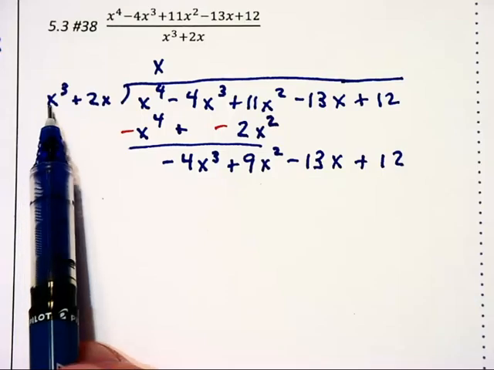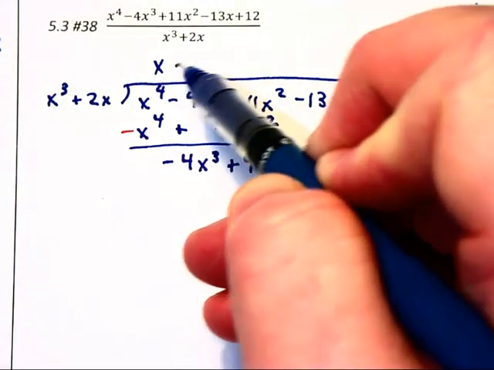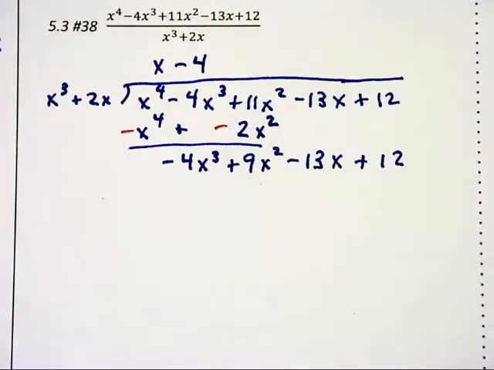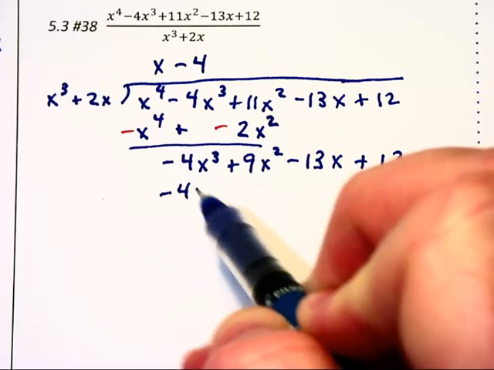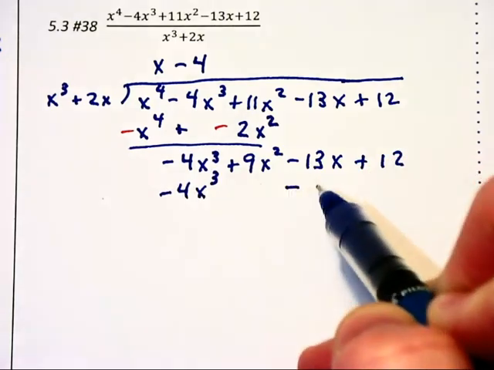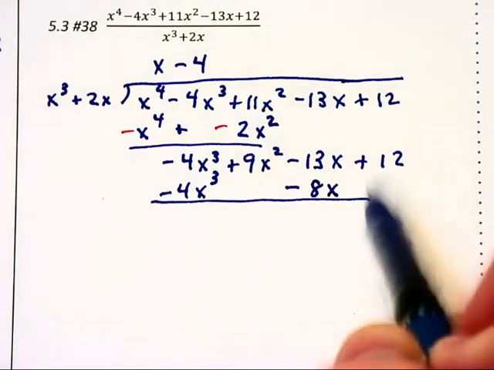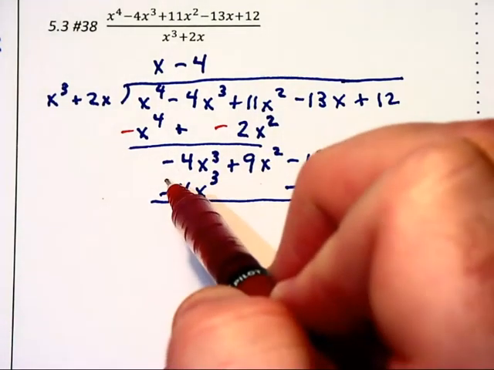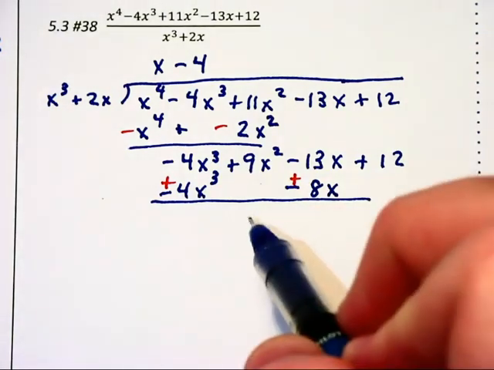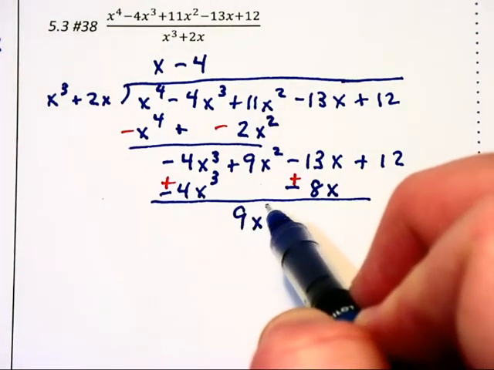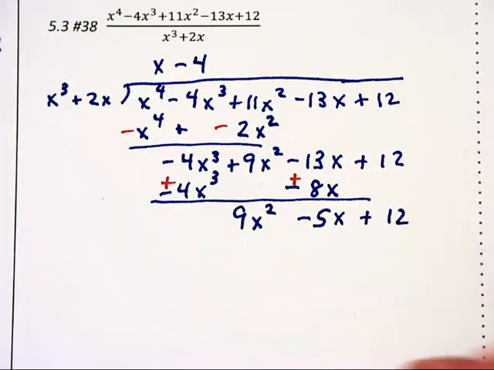Now we'll look at that x to the third and the minus 4x to the third, and that means we're going to have a minus 4 up on top, which we'll multiply by each thing on the left here to make minus 4x to the third minus 8x. And subtract these, adding the opposites. We have a plus there and a plus there. And this will give us now 9x squared minus 5x plus 12.